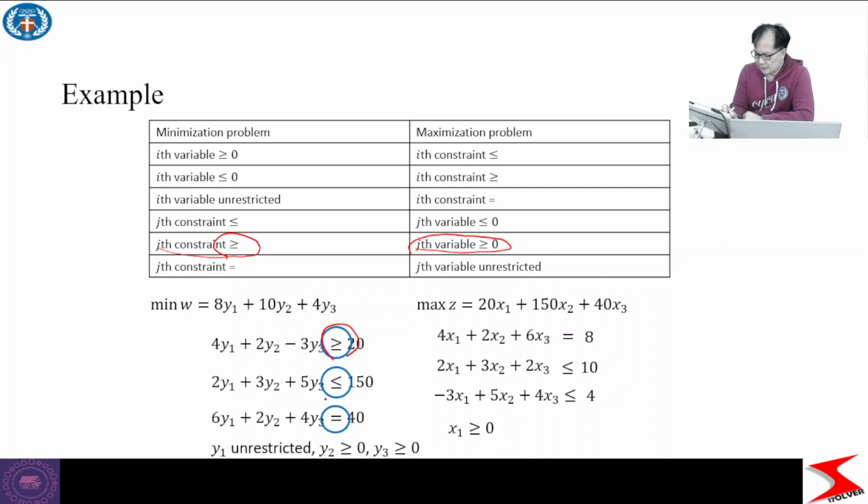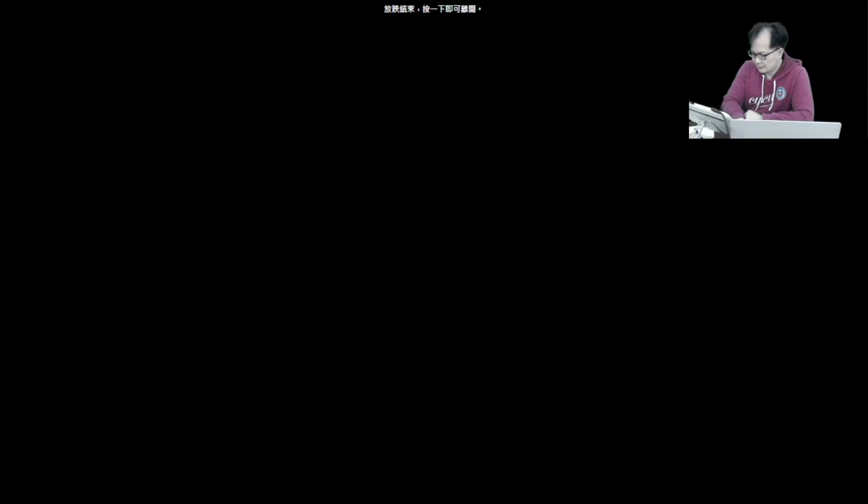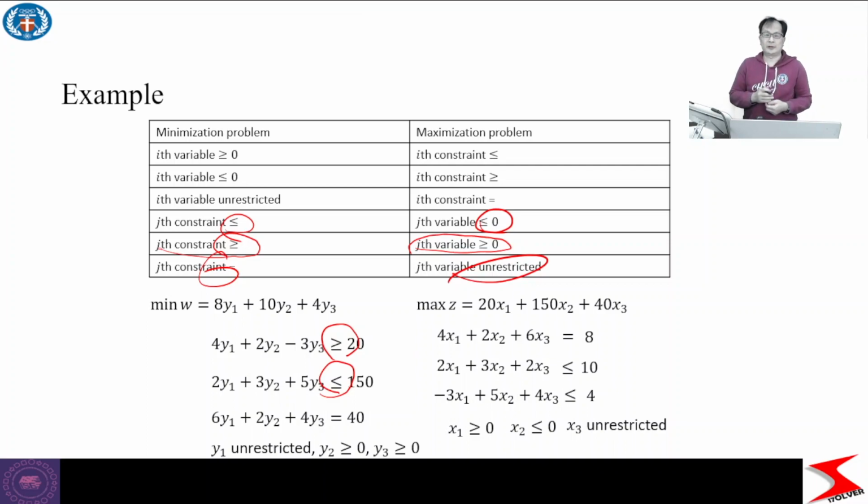The second one has a less-than sign, so the variable is less than 0. And the equal sign gives an unrestricted variable, so x3 is unrestricted. According to this table, we can transform the primal to the dual.